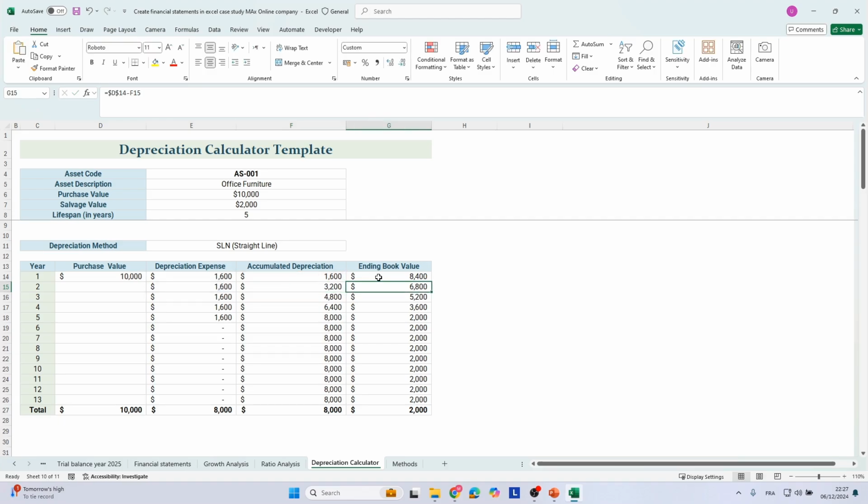Then we get the ending book value for the second year, the same thing for the third year, until we get to year 5, where we get the ending book value of $2,000, which is the salvage value.